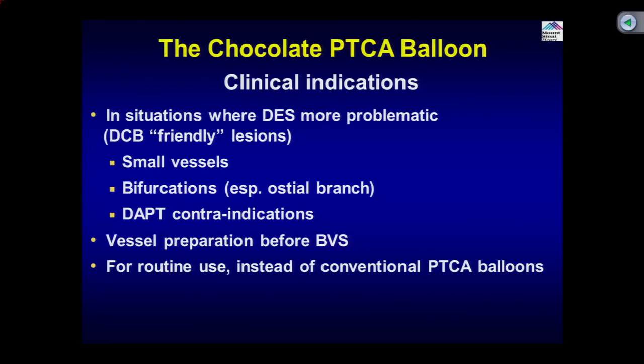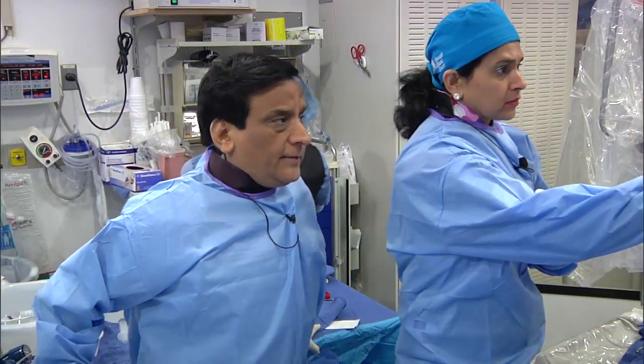The chocolate balloon may help in that situation, and of course, vessel preparation before BVS. The idea is that you can have good results with this balloon compared to our regular PTCA balloon, or an atherectomy balloon, the cutting balloon and AngioSculpt.